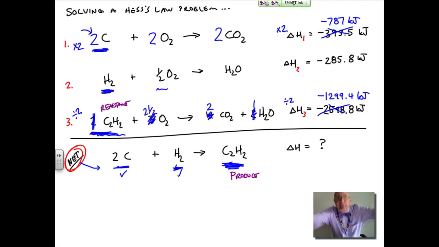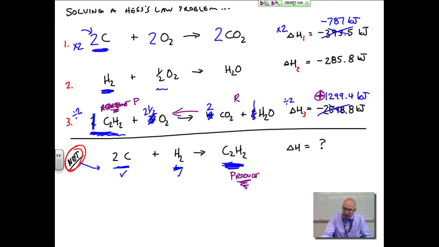So very simply, I can reverse my equation, which now makes these on the reactant and these on the products. So my C2H2 is on the product. When I do that, though, I must change the sign. So this must now be a positive 1299.4. Okay? I think that's good.